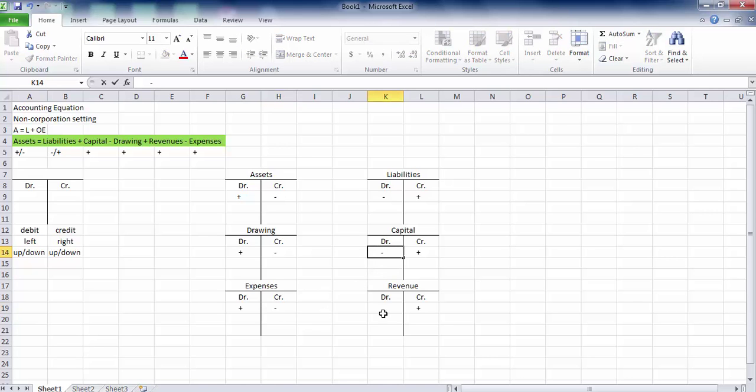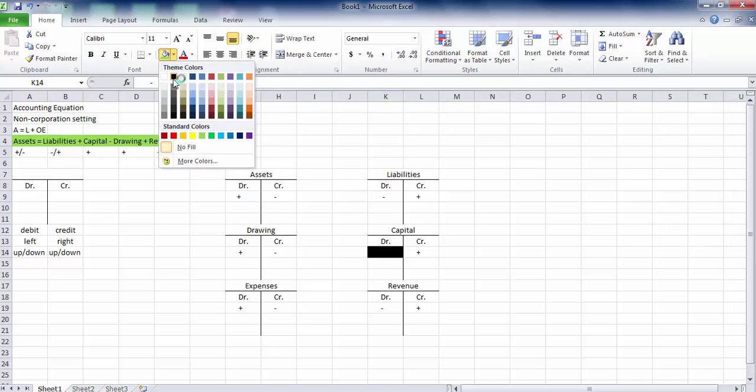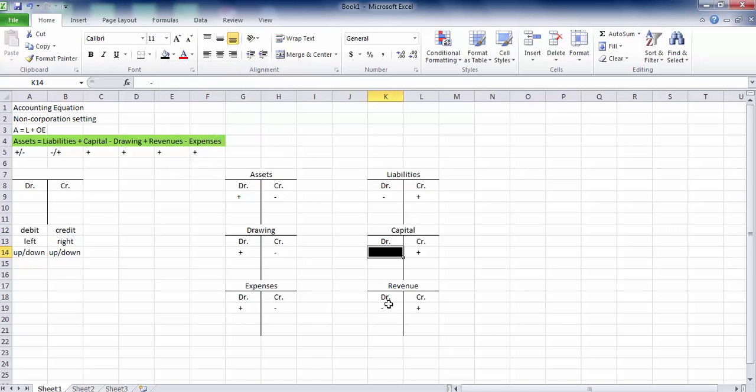So I could technically put this in here, but if you recall, I referred to these accounts earlier as my shopping cart accounts. And if you remember, I said capital always goes up. So let's do this. Even though it technically could go down by a debit, until we get to Chapter 4, we will never see that happen.